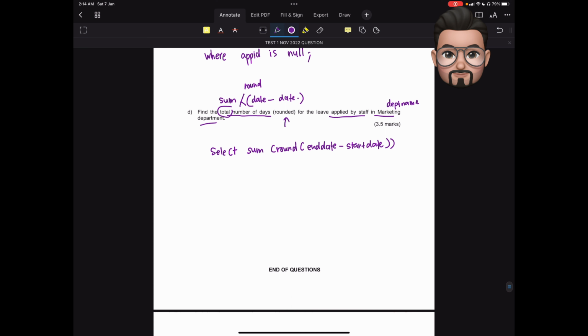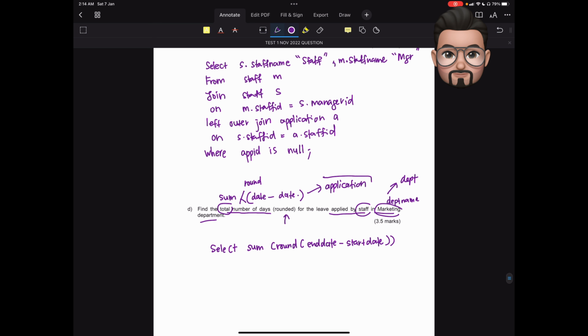Now if you take a look, applied by staff in marketing department. The number of days here we get from the application. And this one is coming from application, and department name is coming from department. Now let's take a look back.